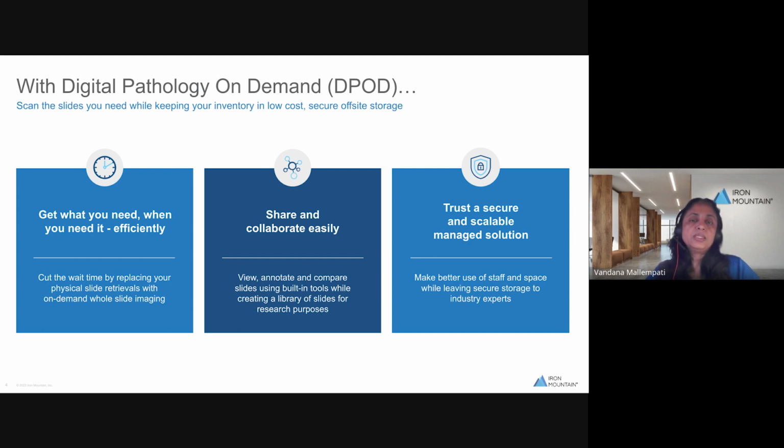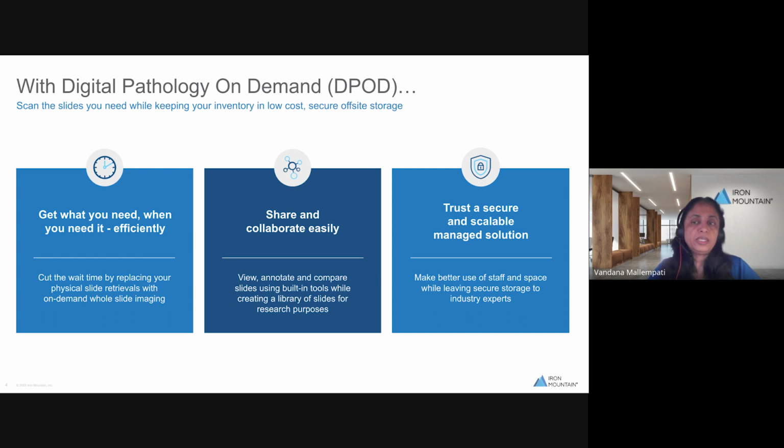So this eliminates the physical movement of material and scans the accession as you identify the need to see it. And let's get these slides available for pathologists to read, share, annotate, and collaborate to drive the efficiency.